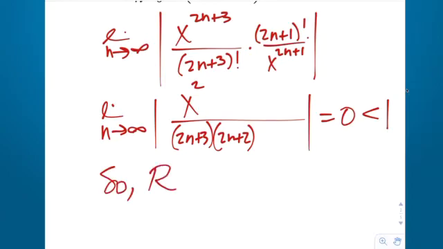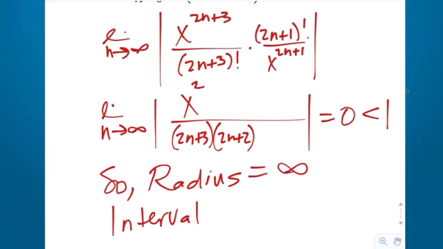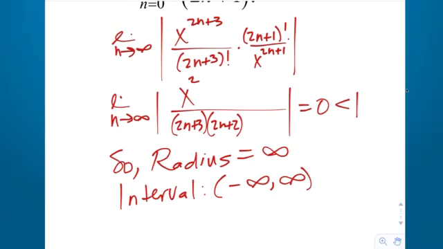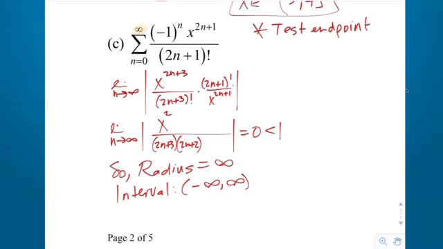So the radius is what? Infinity. And the interval of convergence is what? All real numbers, yeah. Or negative infinity to infinity if you technically want to write it as an interval. The domain of this power series, much like e to the x and sine of x and cosine of x, is all real numbers.